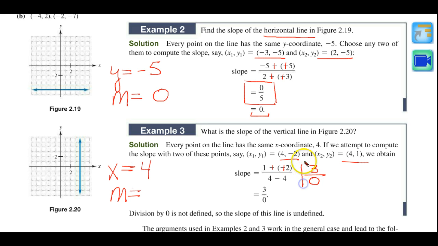Now again, this is the calculation, but what is the value of this? And we say that any number other than 0 divided by 0 in our mathematical system is undefined. So from now on, the slope of any vertical line will be undefined.